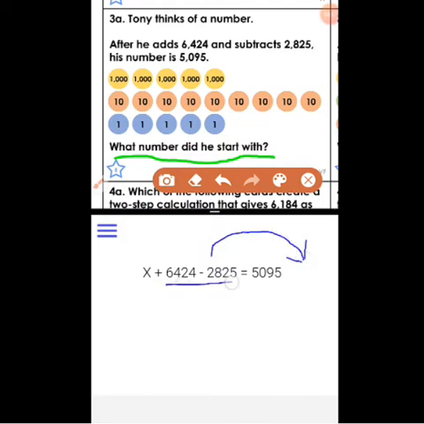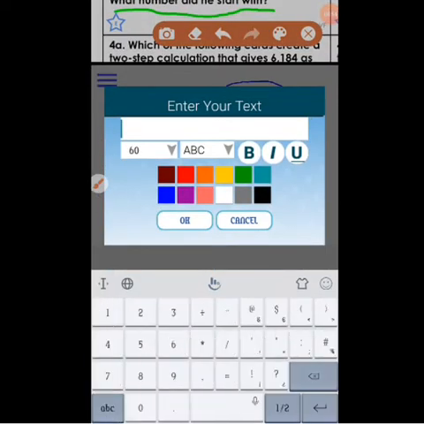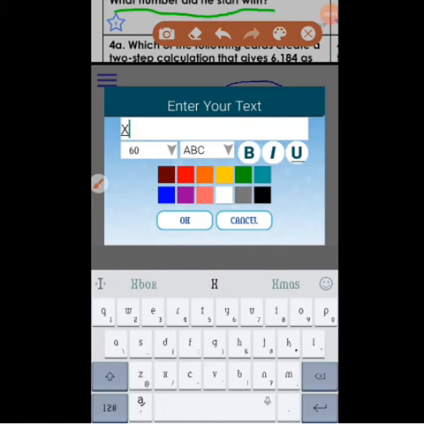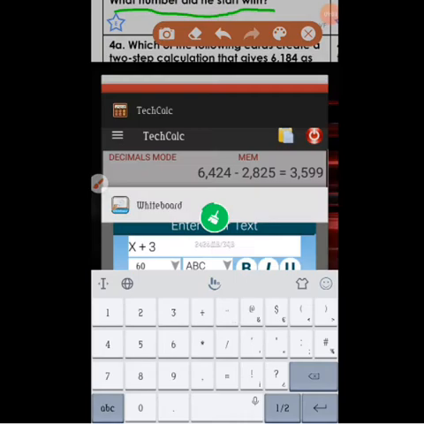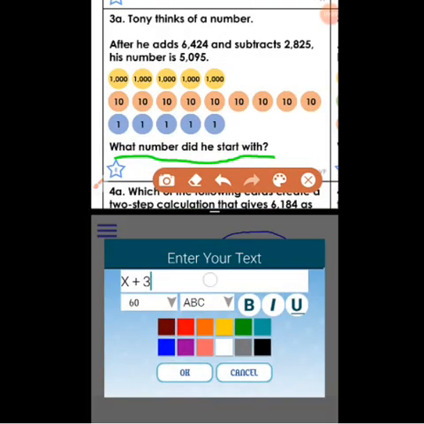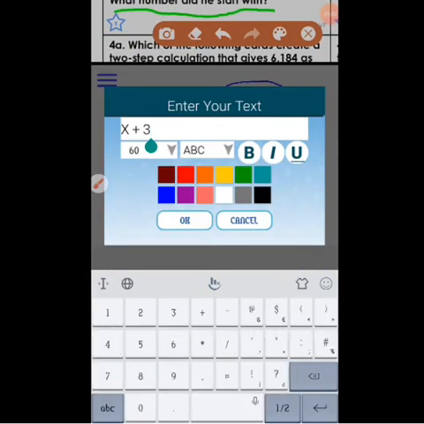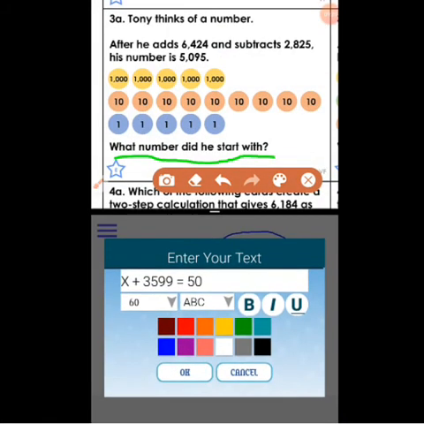Okay, it will move from there to this side. So it will now be x plus 3,599 is equal to 5,095.